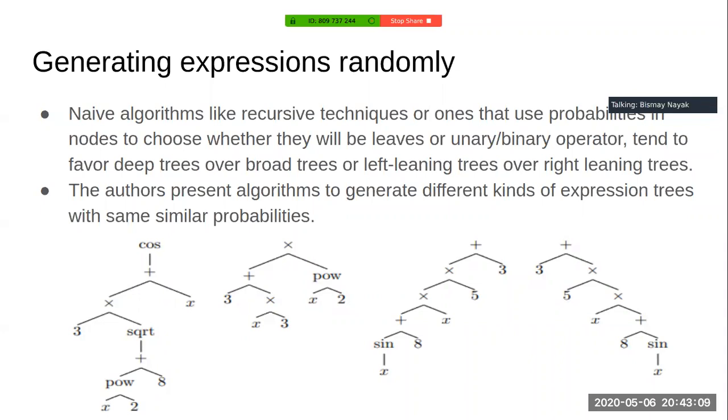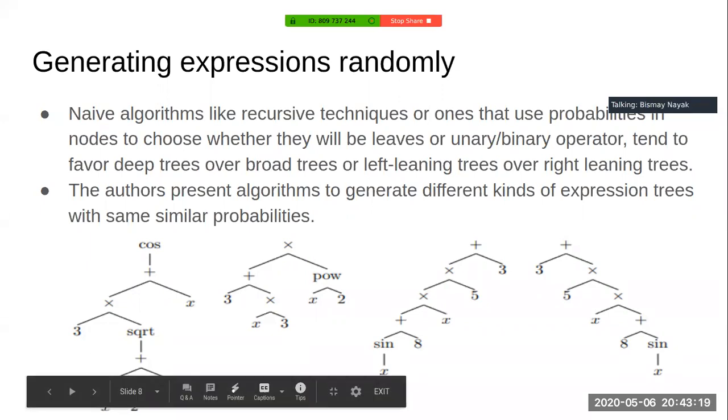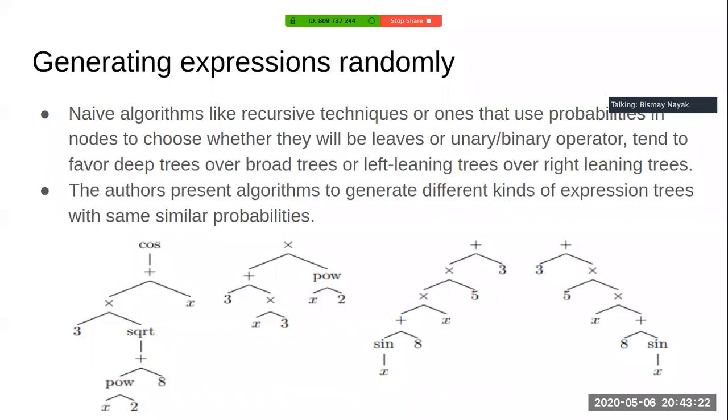But the researchers found that these kinds of techniques tend to favor deep trees over broad trees, right? So in the first plot, you can see it is a kind of deep tree. So there are multiple levels in that particular tree, and it goes deeper as we proceed.